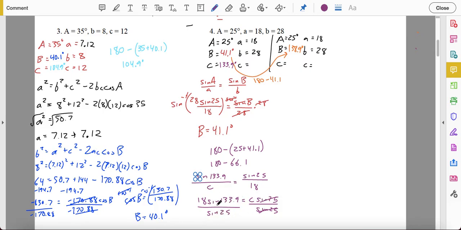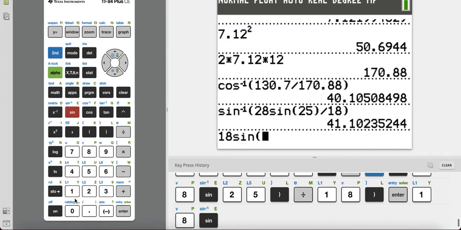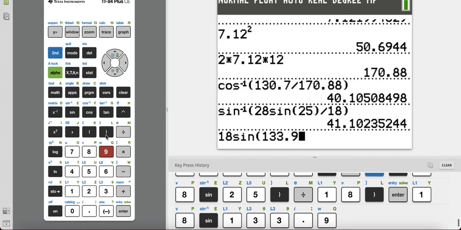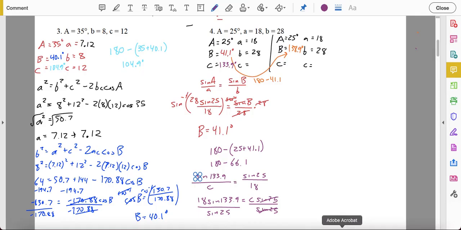And I get that C equals 18 times the sine of 133.9 over sine 25. So 18 sine 133.9 over sine 25. And we get 30.7. So C equals 30.7 units long.